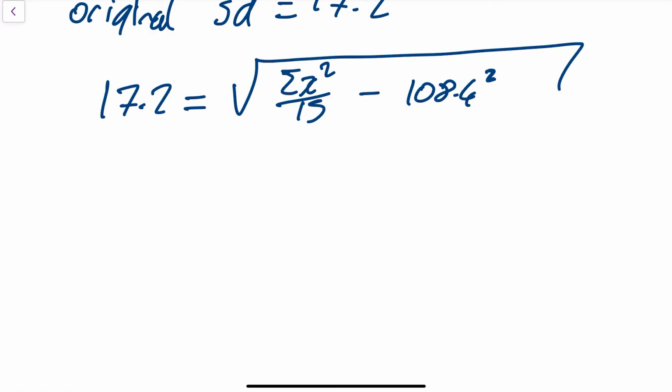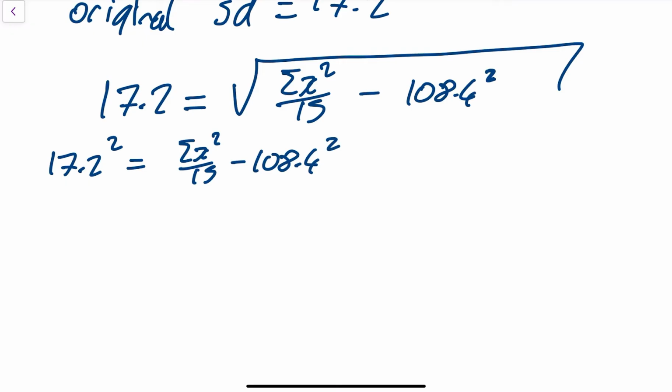Now, this is going to be a wee bit messy, but I do think this is the nicest way of doing it. Just square both sides to get rid of the square root, and we have sigma x squared over 15 minus 108.4 squared.